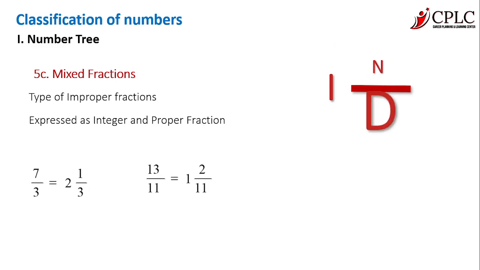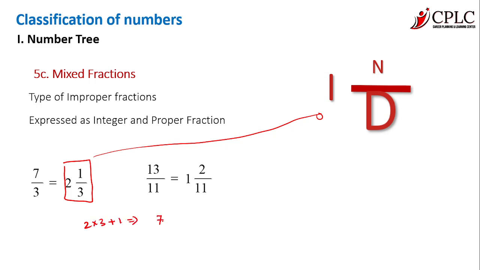And when you simplify, for example, if you do not know how we simplify, let's take this example, 2 and 1 by 3, which represents this kind of structure. So this becomes 2 into 3 plus 1, that gives you 7 upon 3. After simplifying any mixed fraction, you will realize one very, very important thing, that the numerator is greater than the denominator. If the numerator is greater than the denominator, we have already studied this just now, they are called improper fractions.